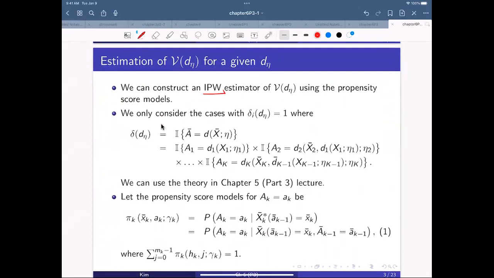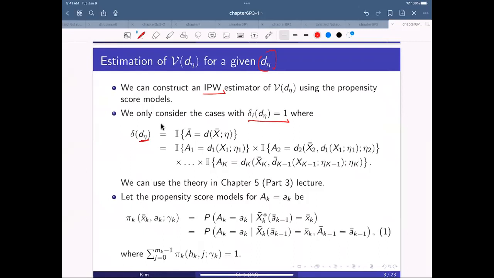The IPW approach starts with defining the regime consistency indicator function, right? Given the policy, we want to check whether the current observation satisfies this condition.